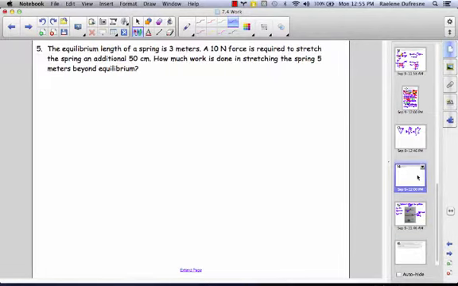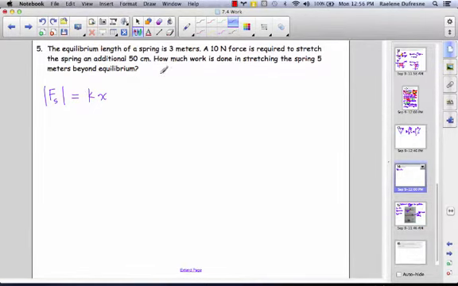Okay, so let's take a look at the problem. We are told that the equilibrium length of a spring is 3 meters, and 10 newtons are required to stretch the spring an additional 50 centimeters. Typically for Hooke's law problems, we have information like this so that we can solve for the spring constant k. So we have the magnitude of the spring force is equal to kx. I don't want to deal with the sign because I'm only going to worry about the hand force anyway.